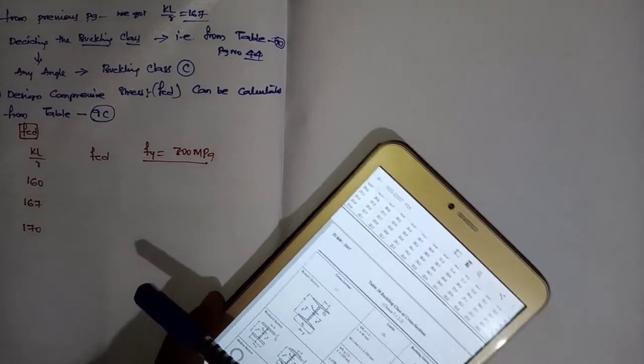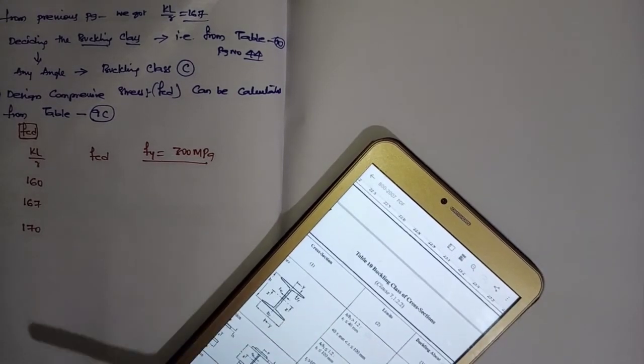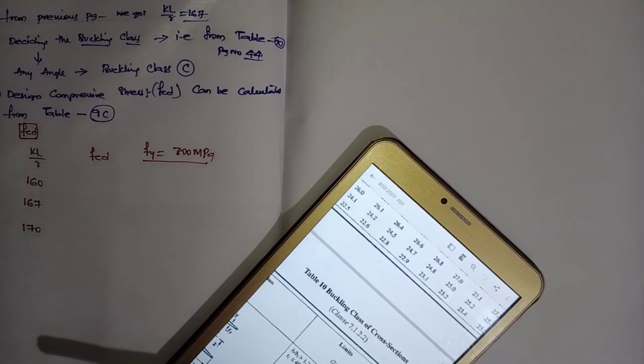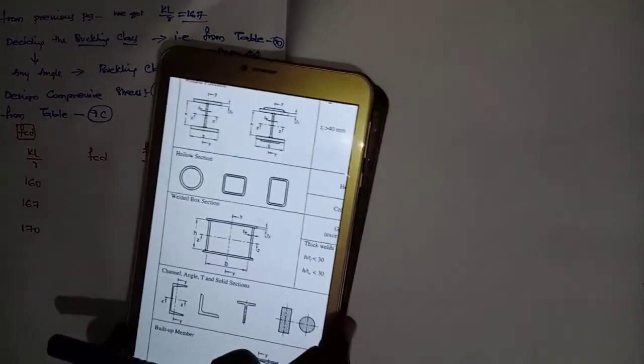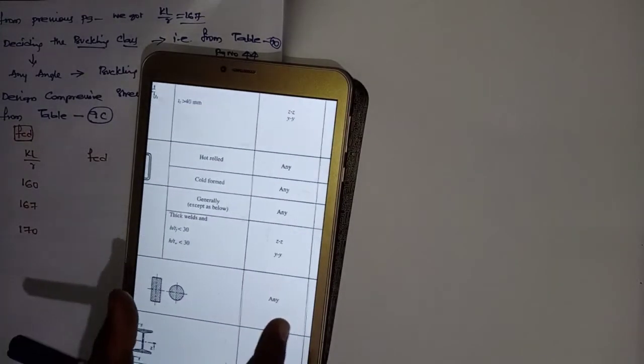See, this is table number 10. In that, this is the angle section. Okay, so the angle section comes under buckling class C, right?